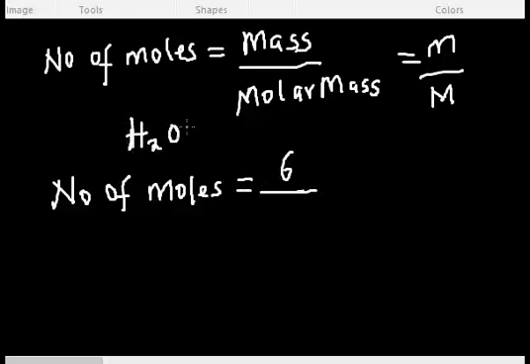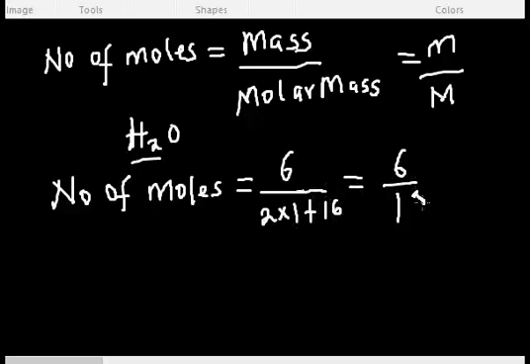Water molecule is H2O. So the molar mass is going to be 2 atoms of hydrogen, that's 2 times 1, atomic mass of hydrogen is 1, then plus 16, atomic mass of oxygen. So this is going to be equal to 6 all over 2 plus 16. That gives me 18.